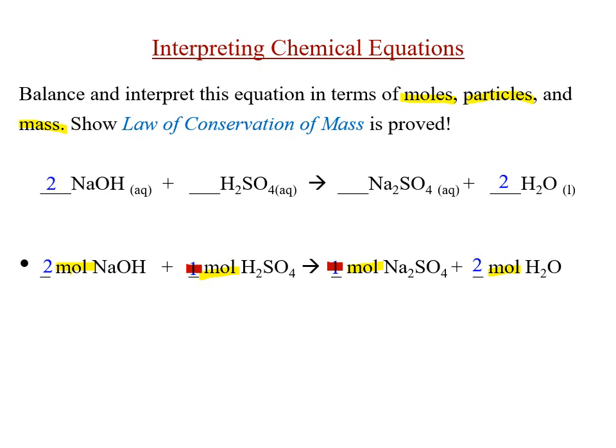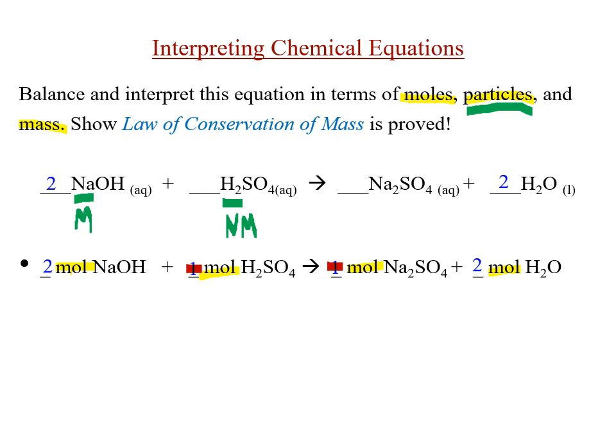Now, the second way of interpreting is in terms of particles. So what kind of particles do we have? Sodium is a metal. So that makes sodium hydroxide a, hopefully you said it, formula unit. Hydrogen is a nonmetal. As a nonmetal, that makes this a molecule.